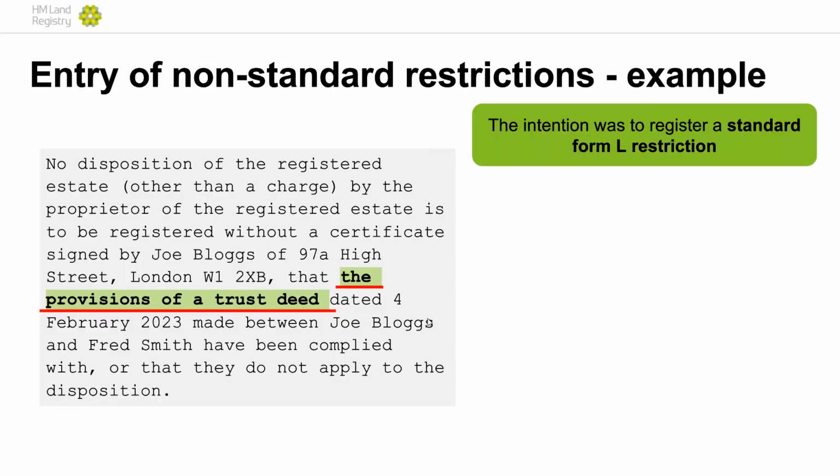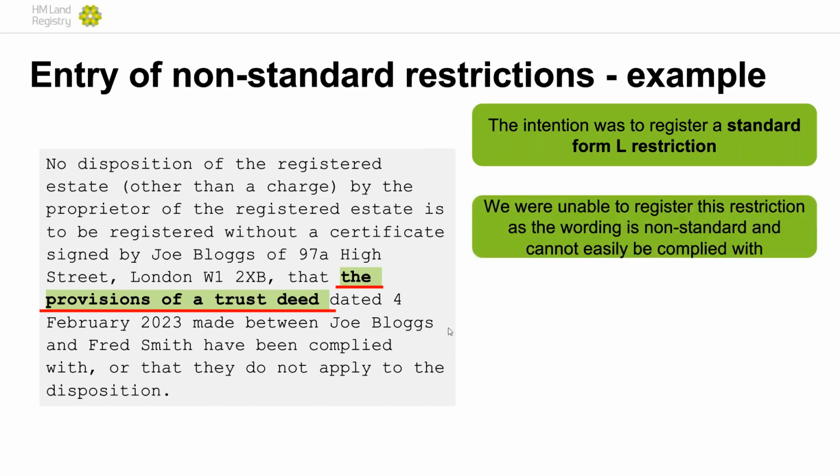In this example, the intention was to register a standard form L restriction. Unfortunately, HM Land Registry cannot register this restriction as the wording is non-standard and the restriction cannot easily be complied with.